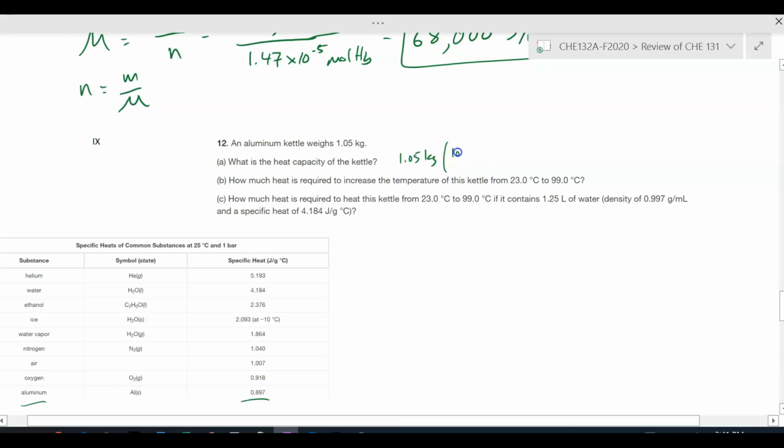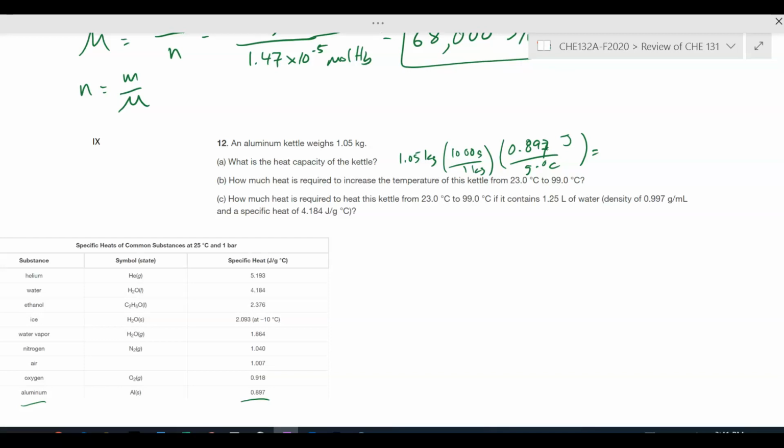We'll convert that to grams, 1,000 grams over 1 kilogram. And then we'll multiply that by 0.897 joules per gram times degree C, and that will give us the heat capacity of the kettle itself.